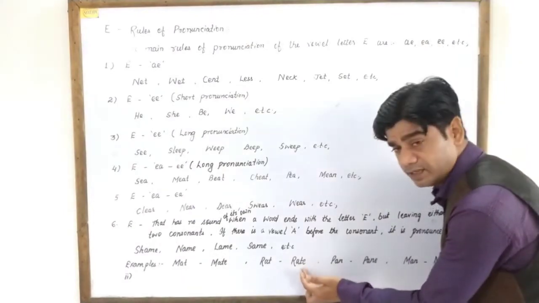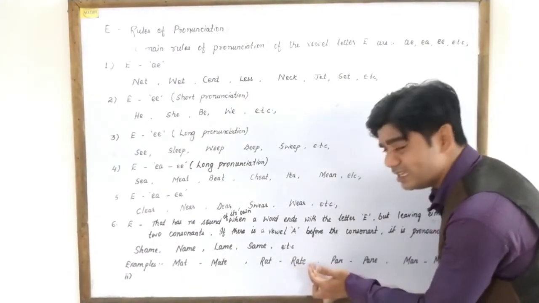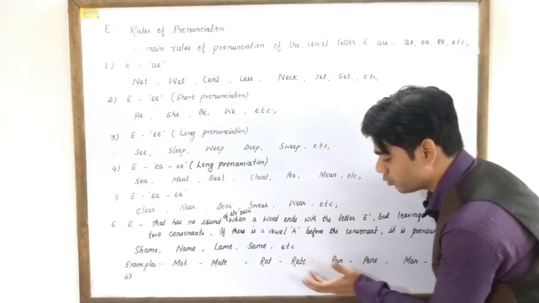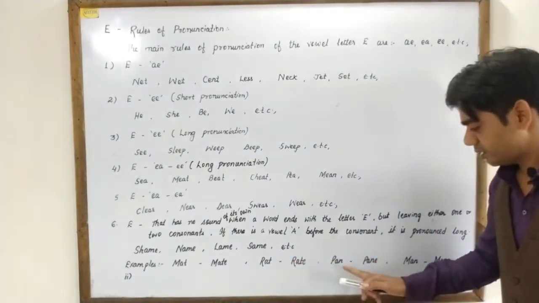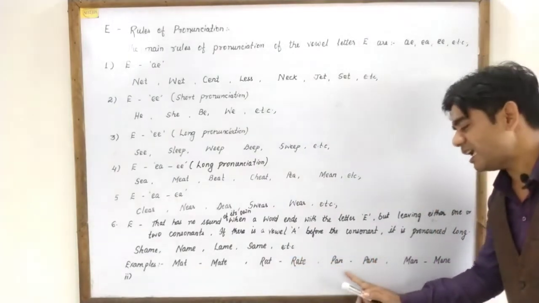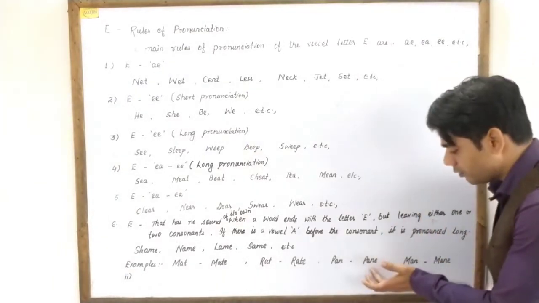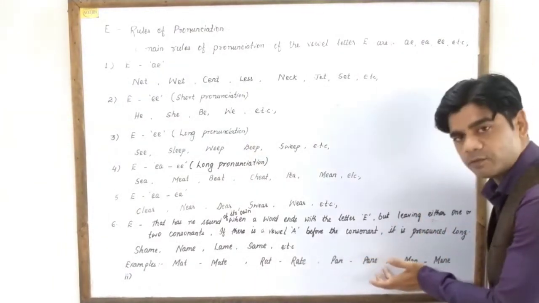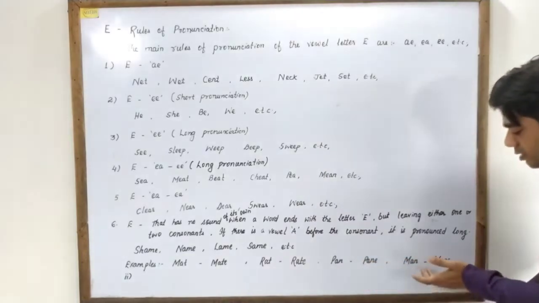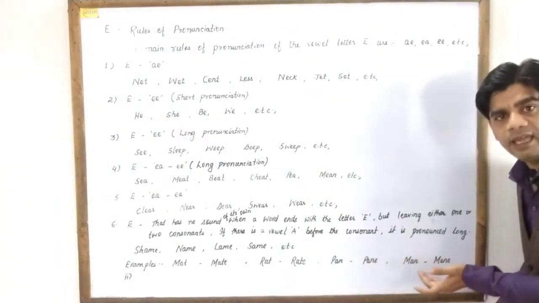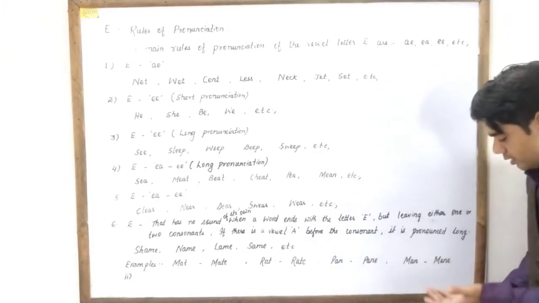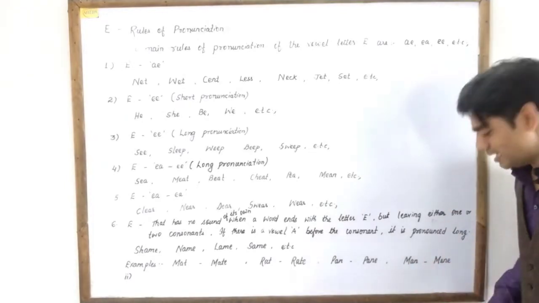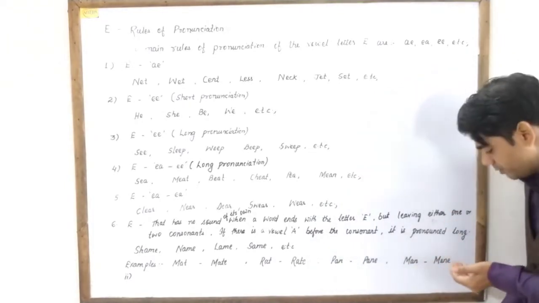We have added E at the end of that word, and it is rate. Now this one, P-A-N, pan. We have added the letter E at the end of this word, so it is pain. Now this one, M-A-N, man. Now we have added the letter E at the end of this word, so it becomes what?